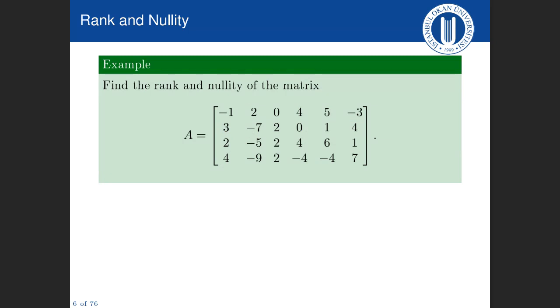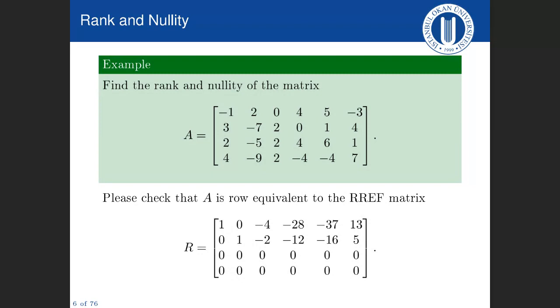So, for example, find the rank and nullity of this matrix. The first thing we need to do is row reduce this matrix. And I'm just going to tell you that matrix A is row equivalent to this RREF matrix. I'm leaving that for you to check. For the time being, just believe that this is true.